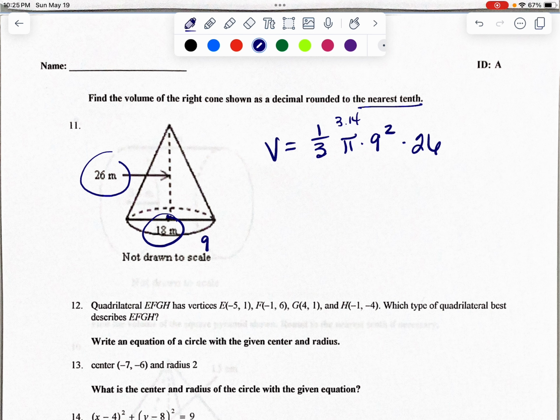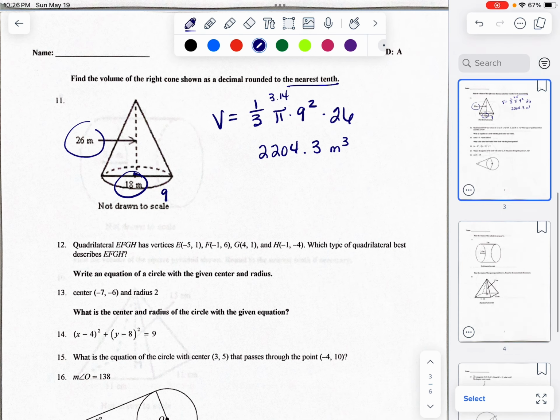So 3.14 times 9 squared times 26. All of that would be divisible by 3. And I get, to the nearest tenth, 2,204.3 cubic meters.